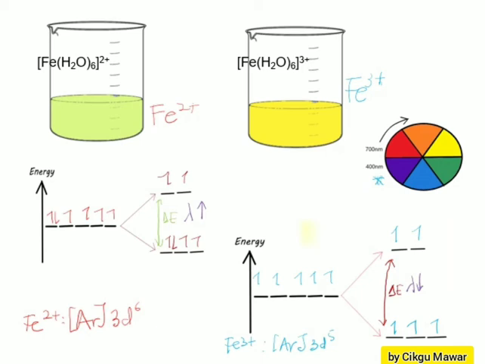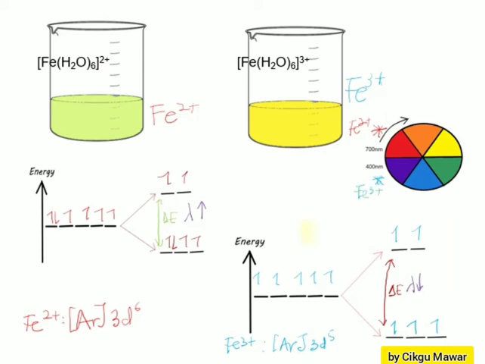For iron 2 plus, it will absorb the longer wavelength, around this area, which is red. So iron 2 plus will absorb red color, while iron 3 plus will absorb violet color.